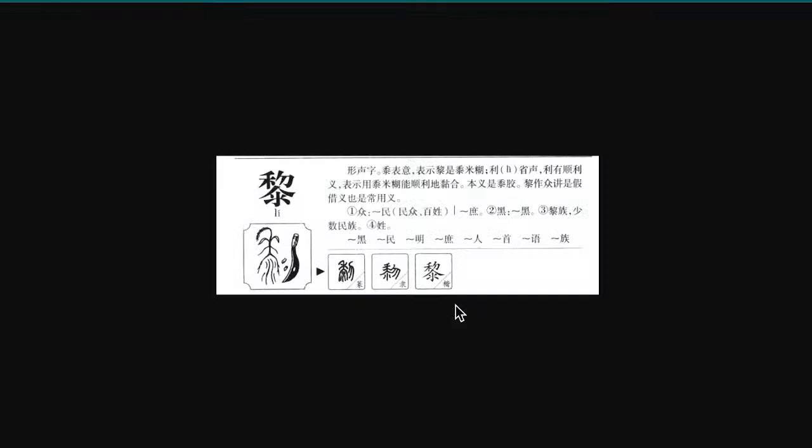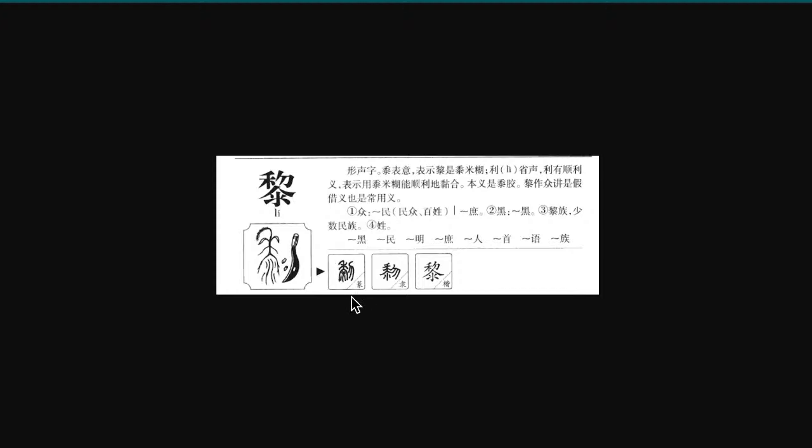Let's take a look at the character itself. So this one, you can see that it has this type of rice, right? And then on the right hand side is the Li. Li is 顺利, that means smooth and beneficial.